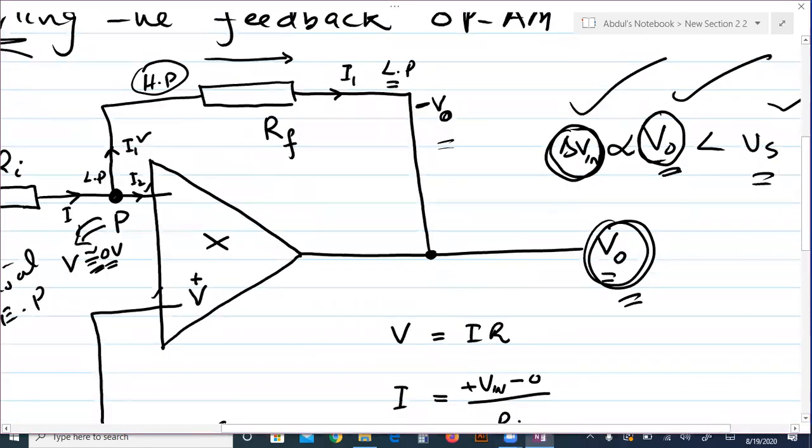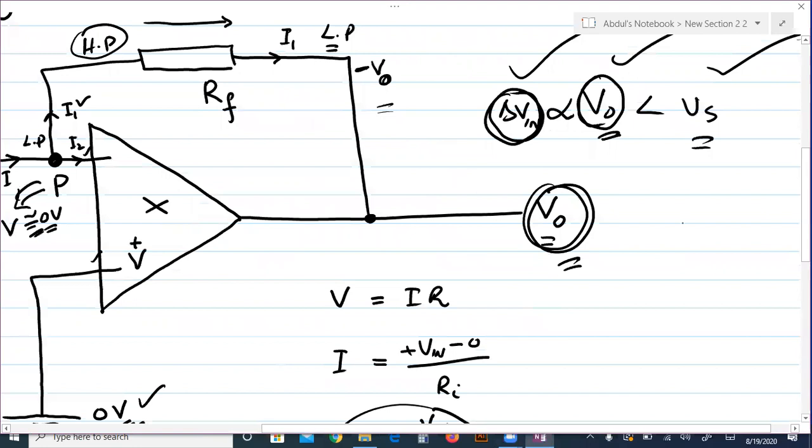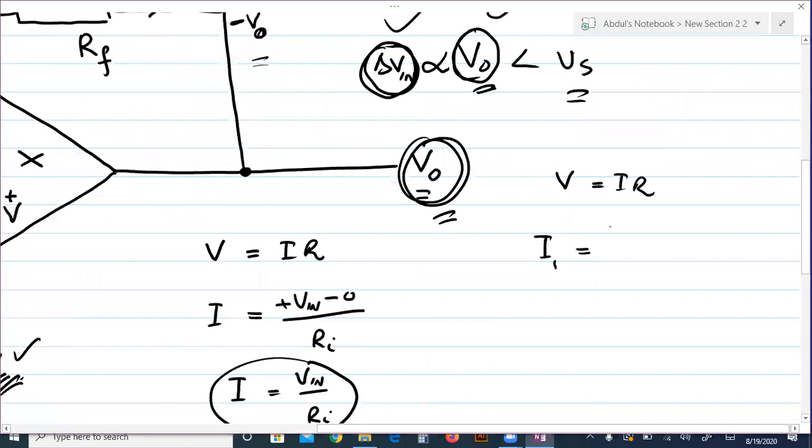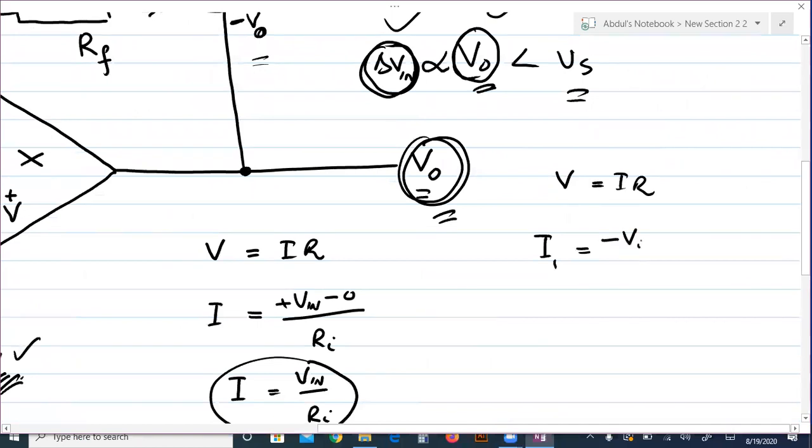through the RF resistor, according to Ohm's law, V is equal to IR, then I1 current will be the potential difference of the feedback resistor, one side negative and other side 0. So we can write (minus V naught minus 0) divided by resistance RF.